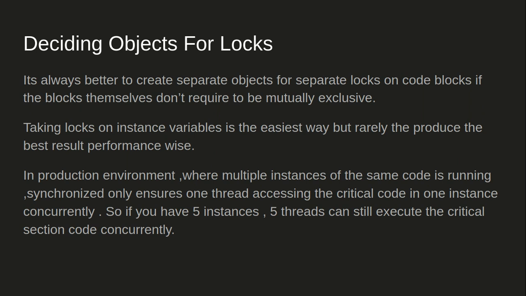Now, there are several problems with taking the lock on the instance objects because it actually hampers your performance a lot. Let's say you have to write synchronized code 3 or 4 times in your same class, but all the 3 or 4 instances of your synchronized code don't need to be mutually exclusive with respect to each other.